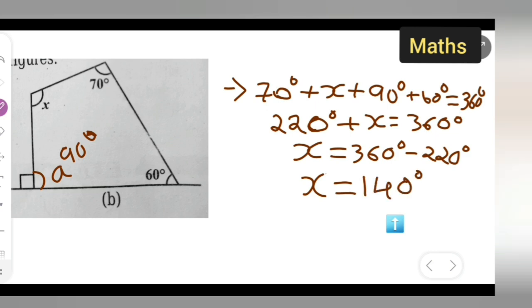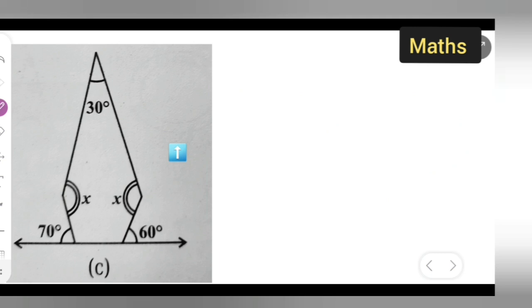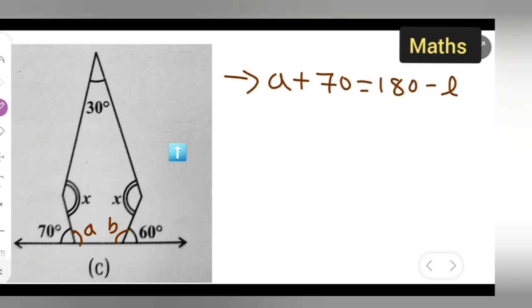Okay, moving towards the next one. This one. Here it is not given, so consider this part as A and this part as B. Let us find the linear pairs first. A plus 70 is equal to 180. This you will say as a linear pair.